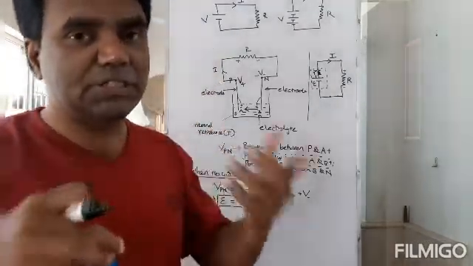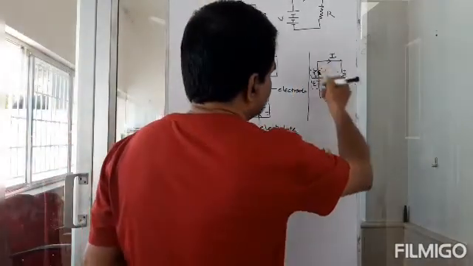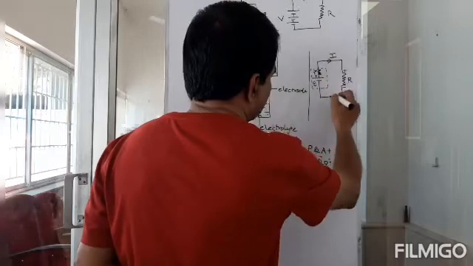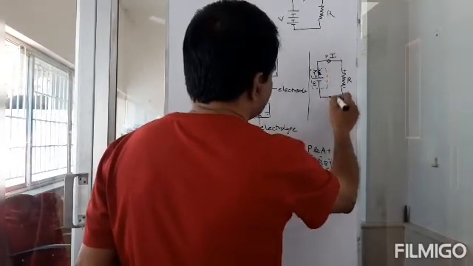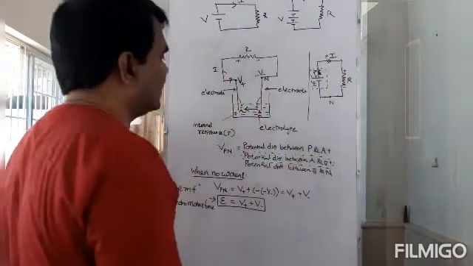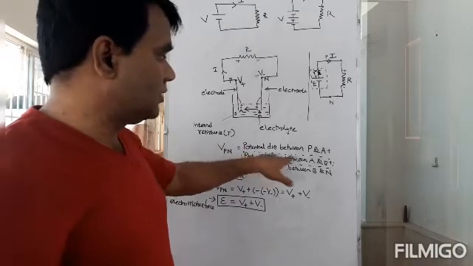So what happens now is that if I find this potential, this is P and this is N. You want to find the potential now, then this part is no longer zero.